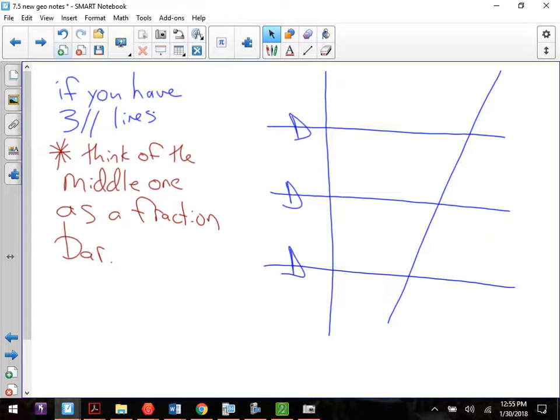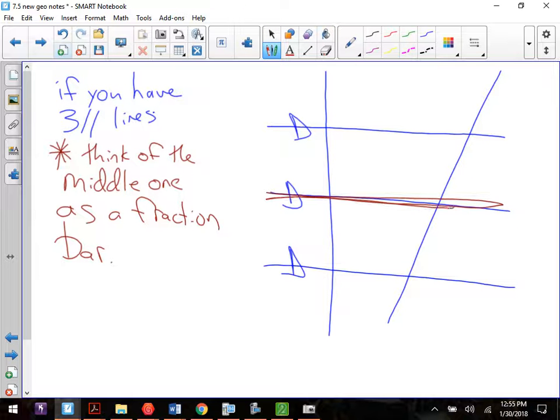Now this one again, I drew up where they were horizontal. Do they have to be horizontal? Nope. More often than not, they won't be. But I just wanted to show you how the orientation can turn around. So you've got 3 parallel lines intersecting 2 transversals. Once again, think of the middle one as a fraction bar. So here's your fraction bar: numerator over denominator, numerator over denominator. This is very commonly seen.